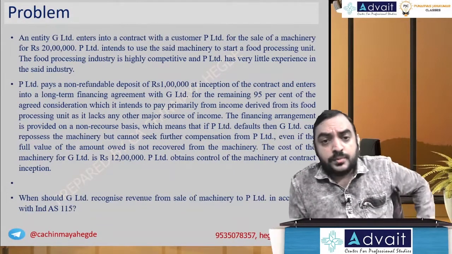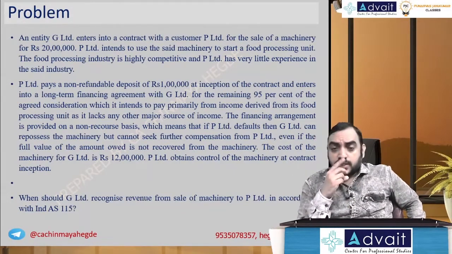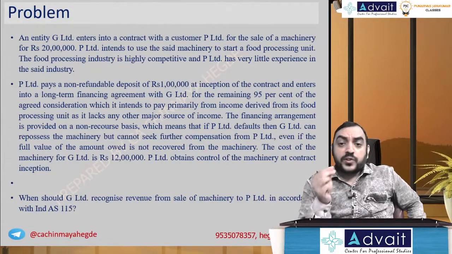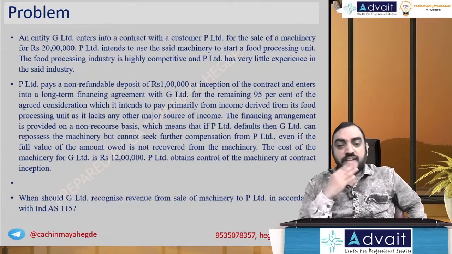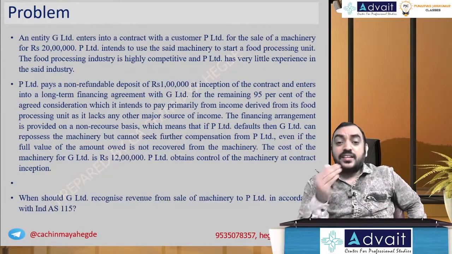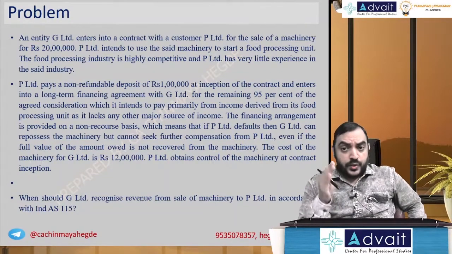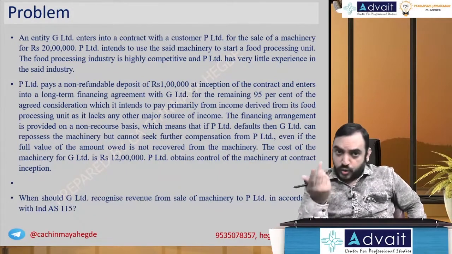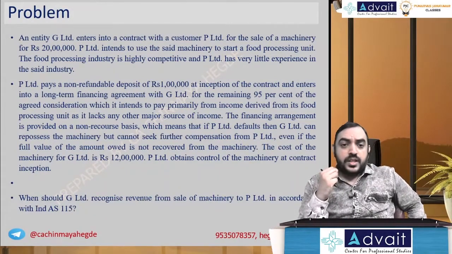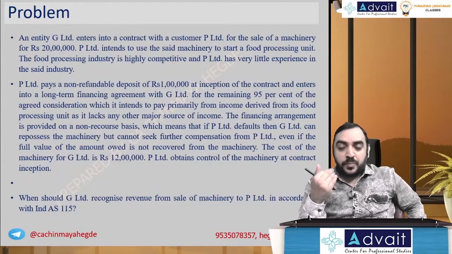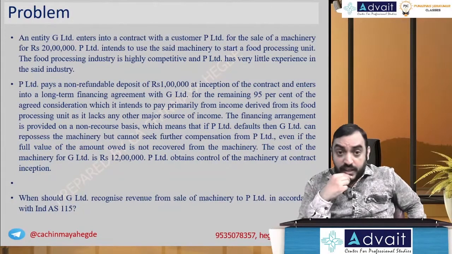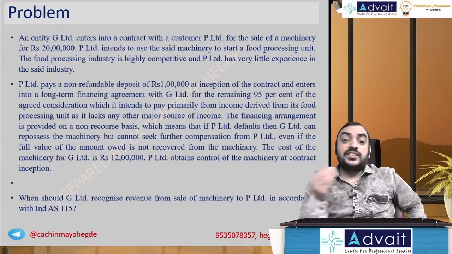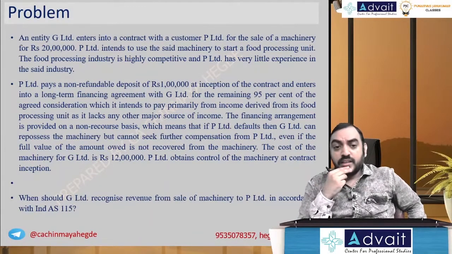An entity G Limited enters into a contract with customer P Limited for the sale of machinery for 20 lakh. Simple, straightforward thing, sale of machinery. P Limited intends to use the said machinery to start a food processing unit. Okay, some restaurant maybe. The food processing industry is highly competitive and P Limited has very little experience in the said industry.